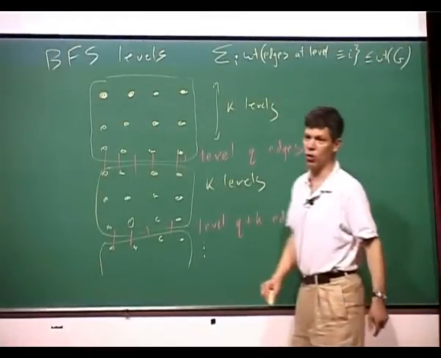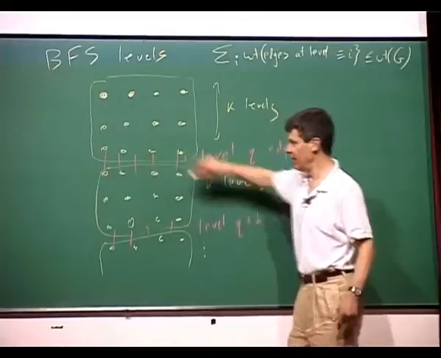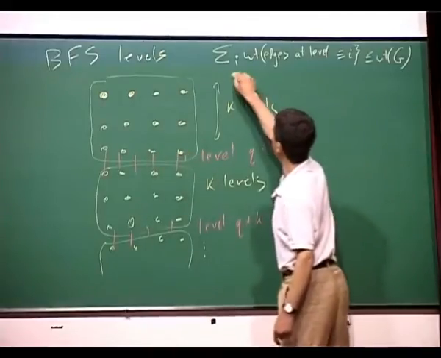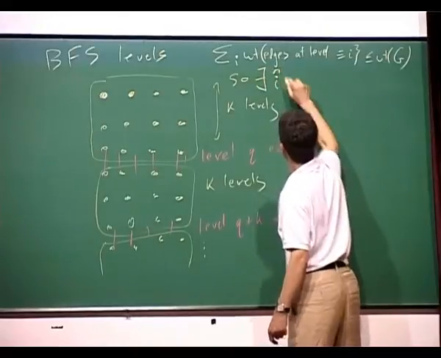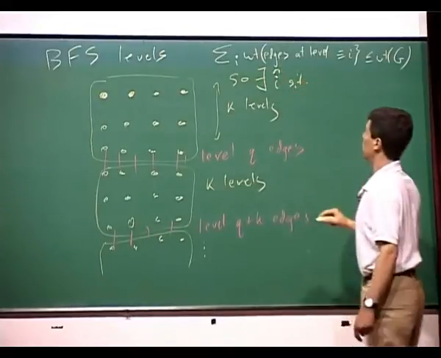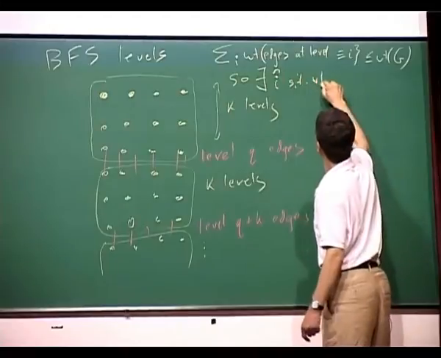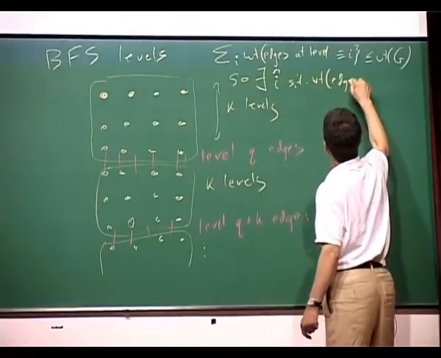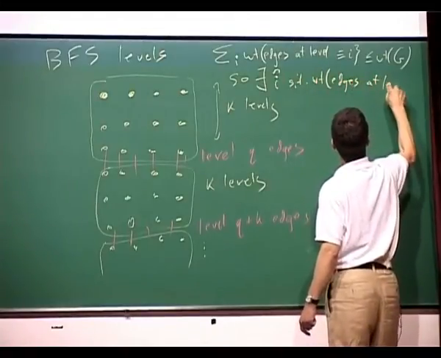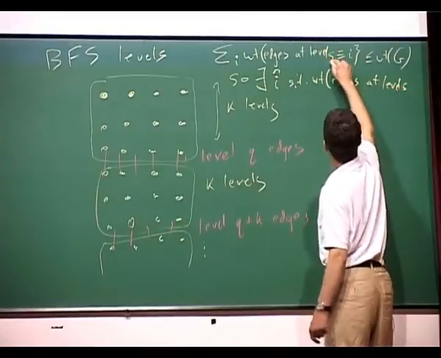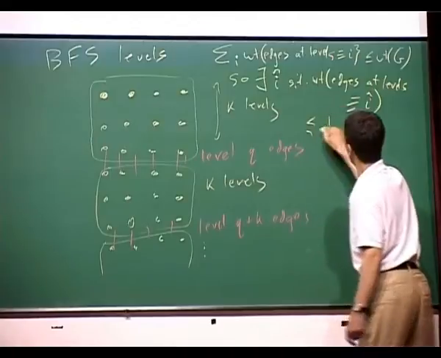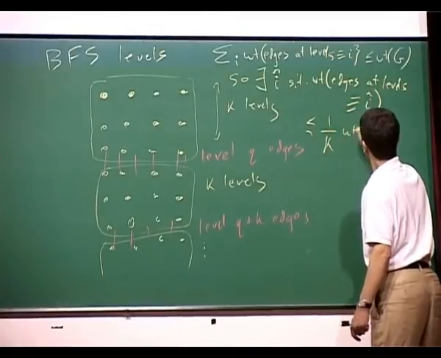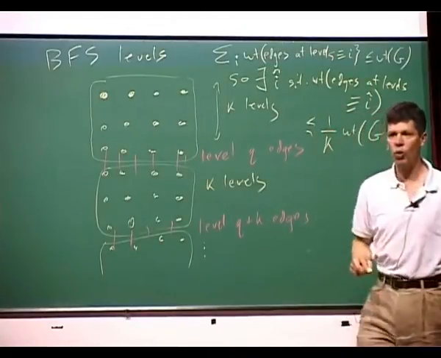It may be that most of the weight lies in these cuts. So we can say there exists an i hat such that the weight of edges at levels congruent to i hat is less than or equal to 1 over k times the whole weight of G.